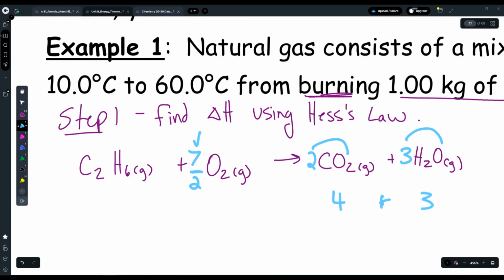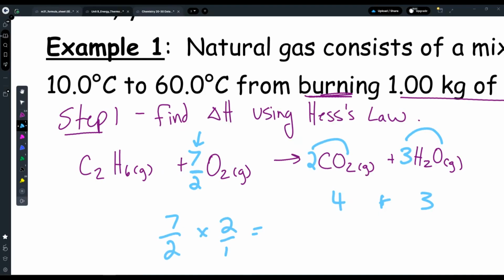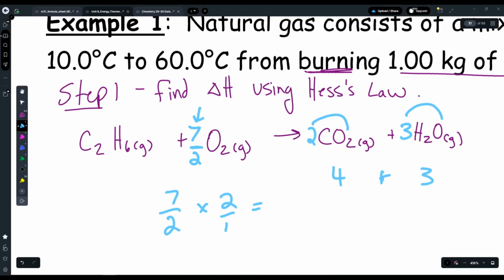So now 7 over 2 times 2, if you multiply that out, that's going to give you 14 over 2, which is 7. So right now on my reactant side, I have 7 oxygen. Same with my product side.